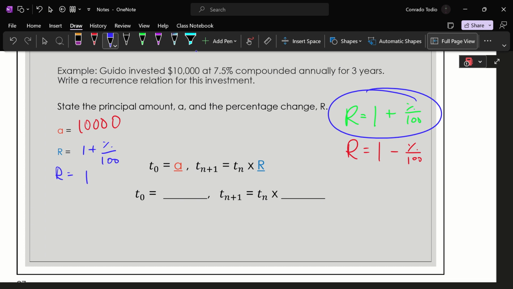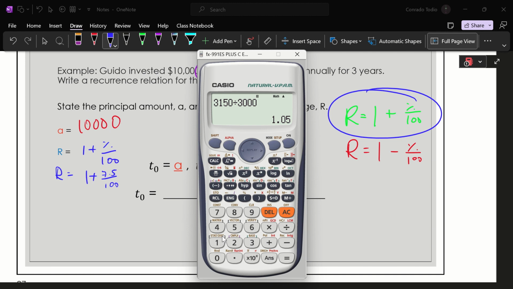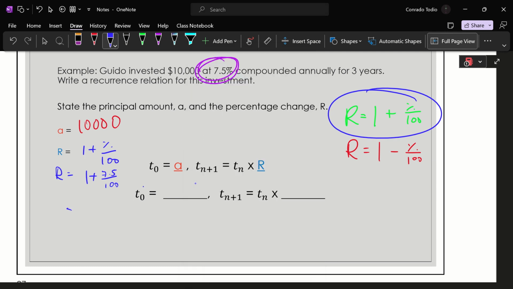What's the percentage here, guys? Look at the question. 7.5. So plus 7.5 over 100. Just put that in your calculator. 1 plus 7.5 over 100 is 1.075.